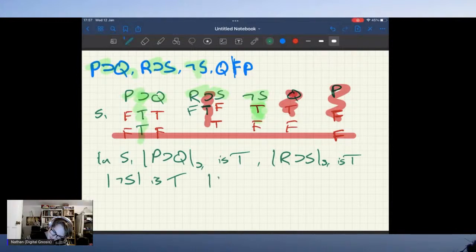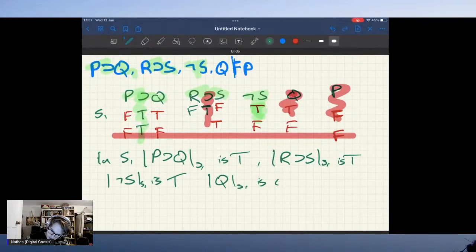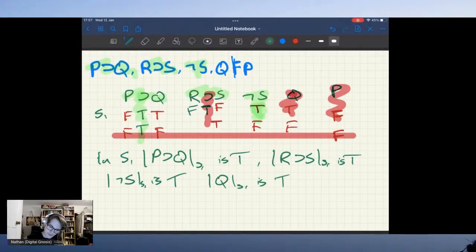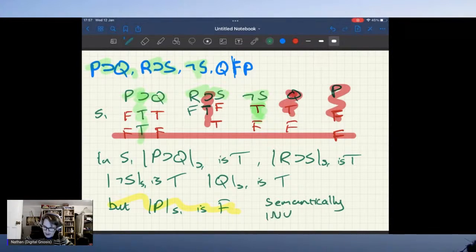Our fourth premise, why did I do that? Is true. But our conclusion is false. Therefore, it's semantically, is what I meant, invalid.